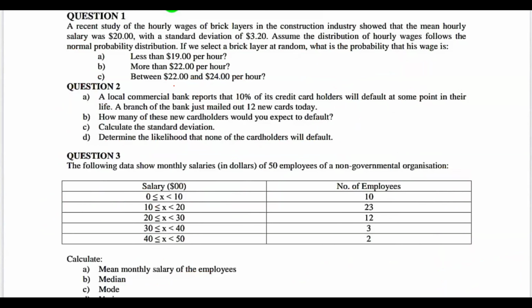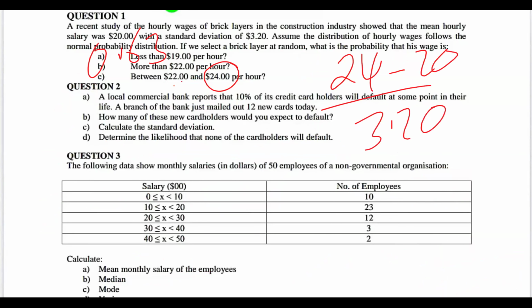Let's convert this one. This one is 22 and 24. The one for 22, we have already found it is 0.63, correct? We need just this one. 24 minus 20 divided by 3.20, which is 4 divided by 3.20. Z is equal to what?